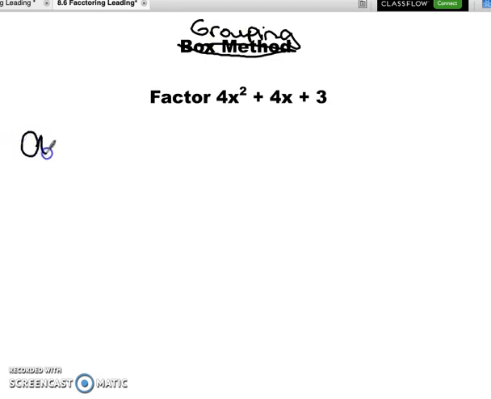Okay, so AC. What is AC? Well, AC means A times C. So remember that. So 4 times 3 is 12. And then my B term that I want to sum or add up to is going to be 4.